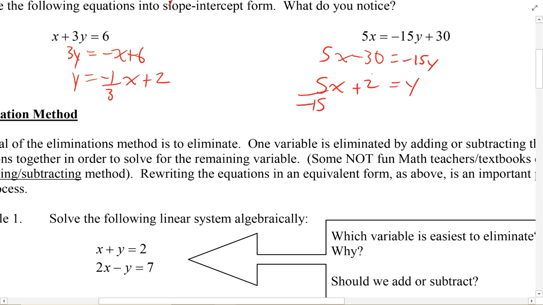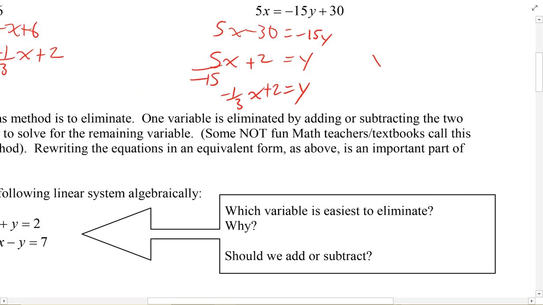Plus 2. So totally simplified then, this would be negative 1/3 x plus 2 equals y. And you're probably going to rewrite that with y first, so it's easier to look at.